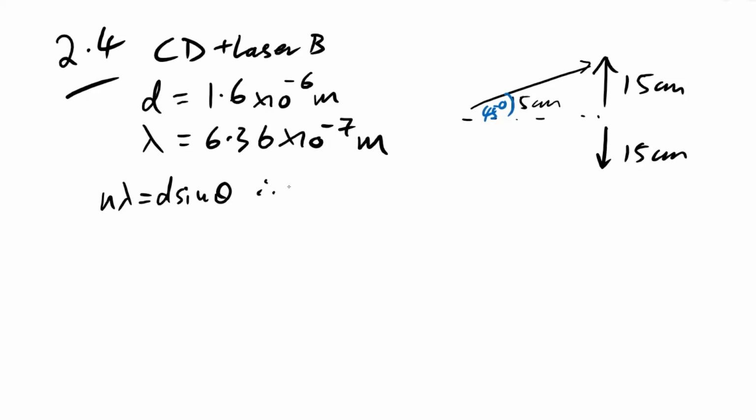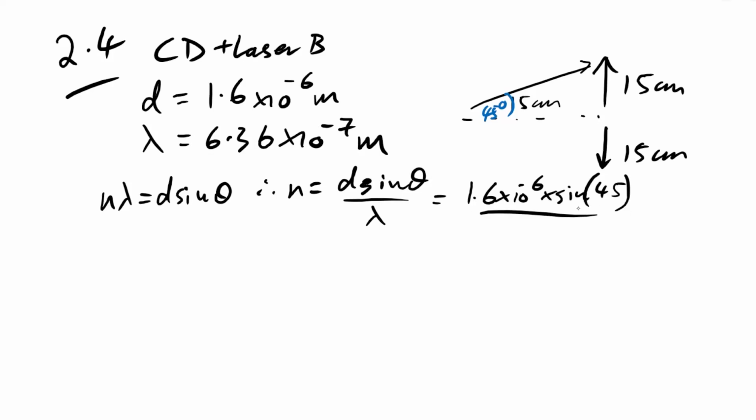We're looking for n, so n is equal to d sine theta over lambda, so that's 1.6 times 10 to the minus 6 times sine 45 divided by the wavelength, and I can just times by 7 on top, so that gives us times 10 to the 1, so just 16 times that. Yeah, this is where I went wrong then.